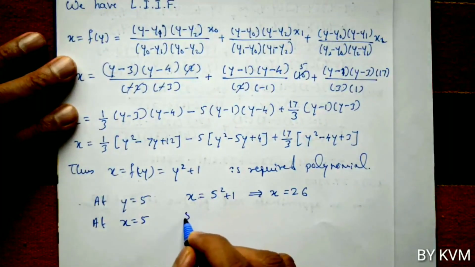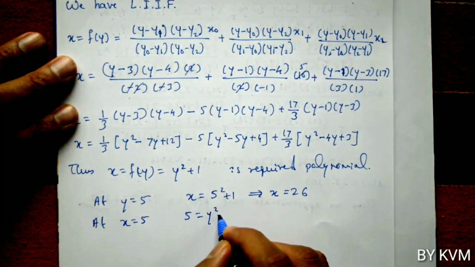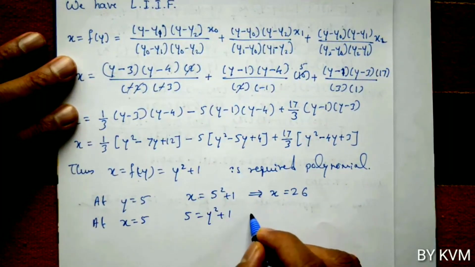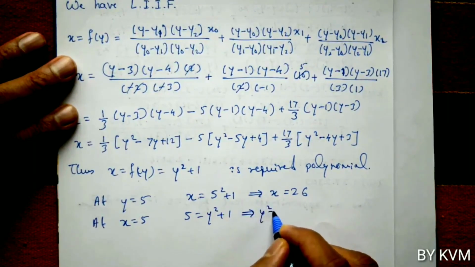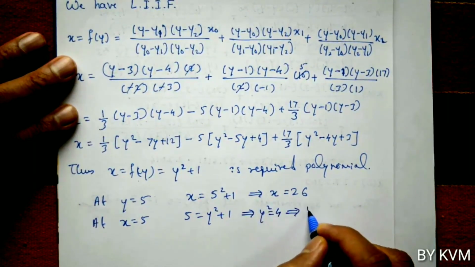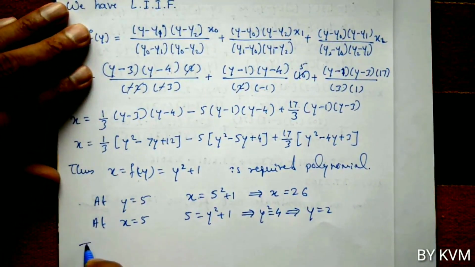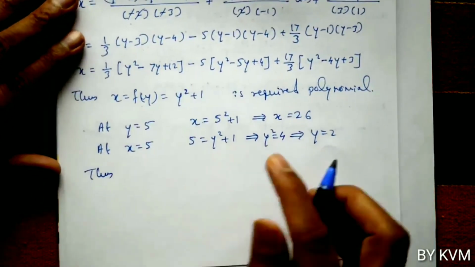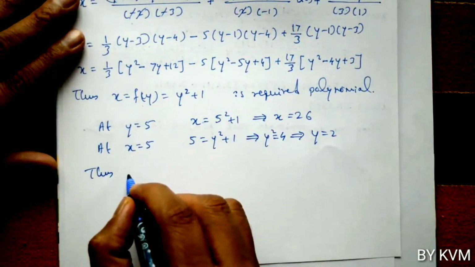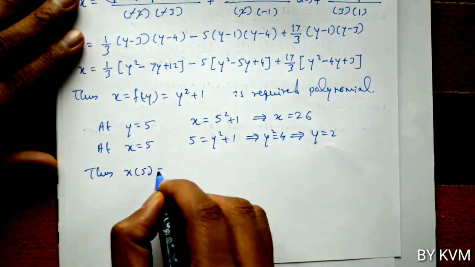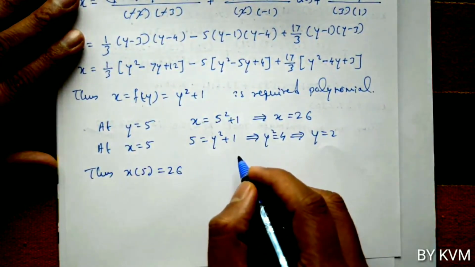So at x equals 5, we have 5 equals y square plus 1, so y square equals 4, so y equals 2. So thus x of 5 equals 26 and y of 5 equals 2.